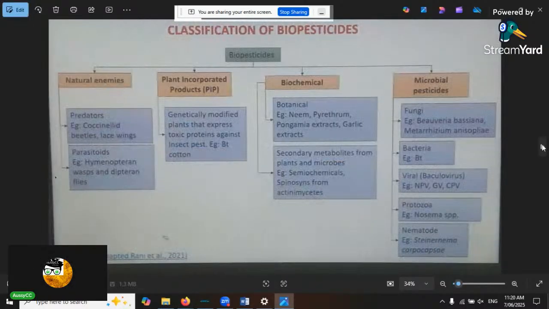Classifications of biopesticides: natural enemies, plant incorporated products, biochemical and microbial pesticides. Here's some fungi, Beauveria bassiana and Metarhizium anisopliae.